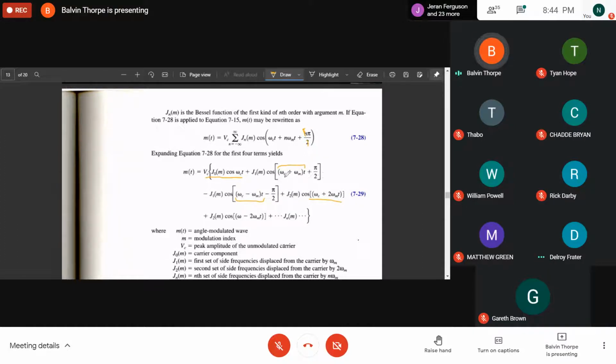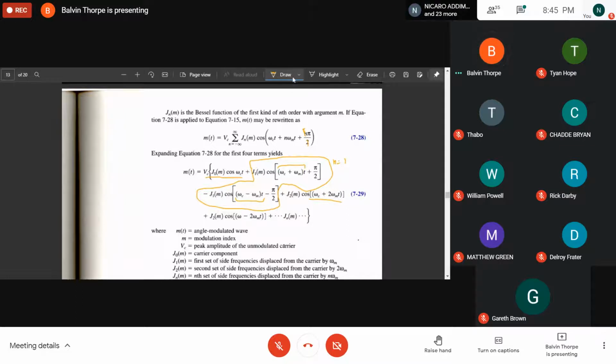Because if you look at it, this is when n equals 1, from here to here. That's n equals 1 in the expression. This is when n equals 0.